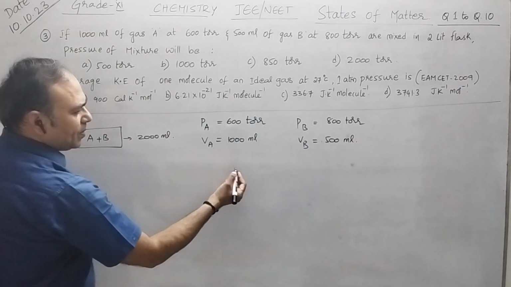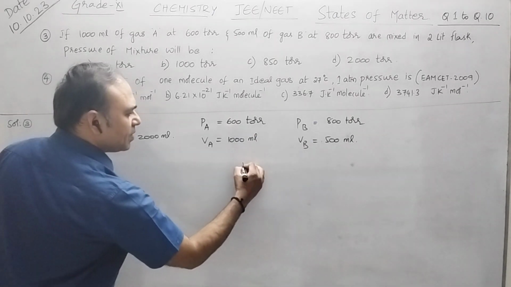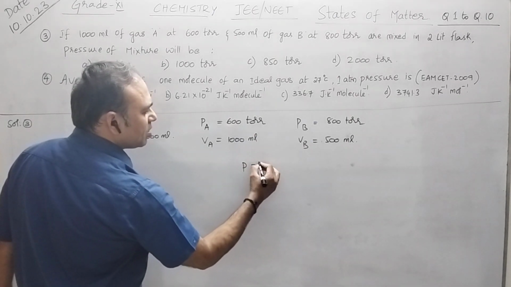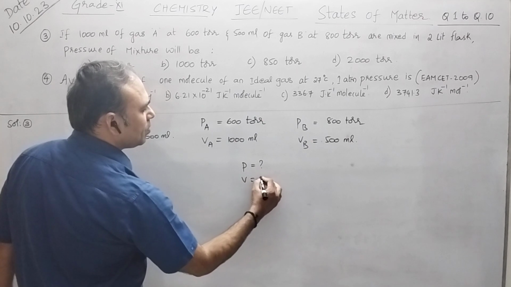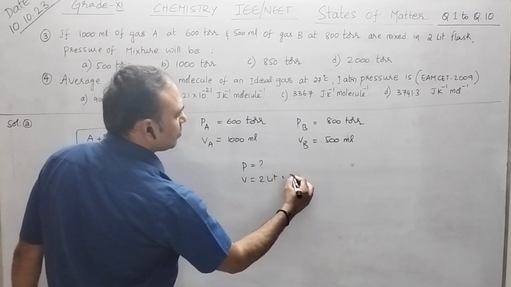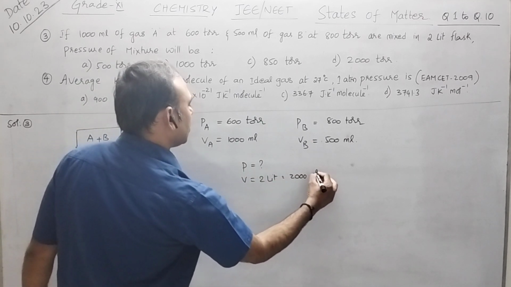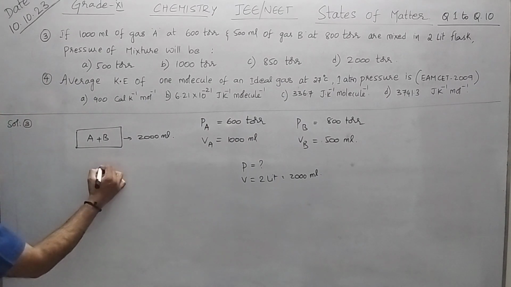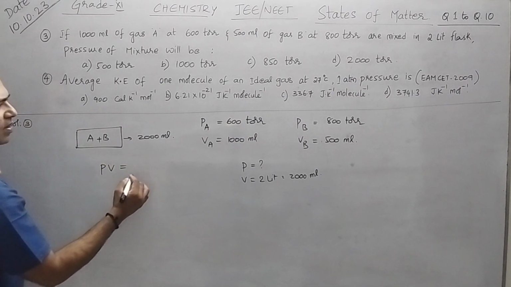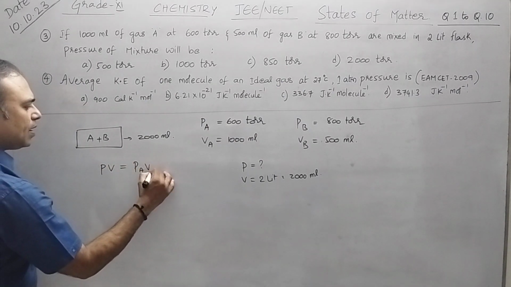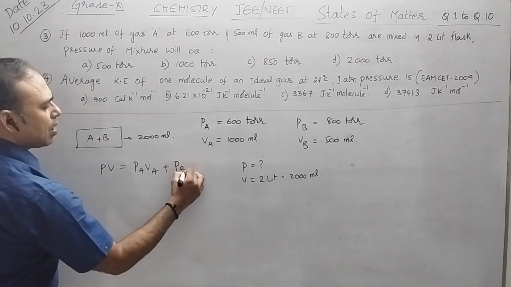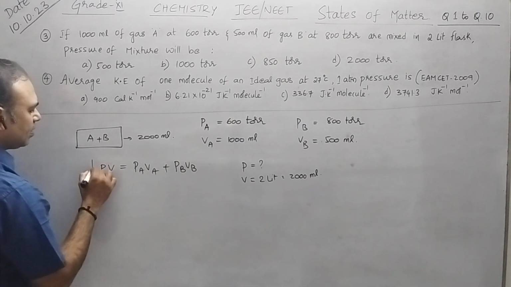Now if you consider P and V as the mixture, so pressure we need to find out and volume is 2 liters, nothing but 2000 ml. Now apply the formula. We can write it as PV is equal to PAVA plus PBVB. This is our formula.